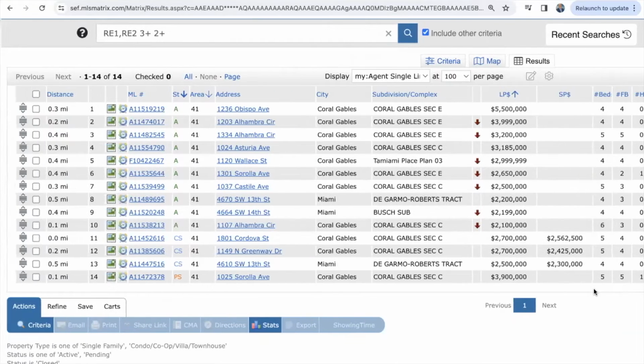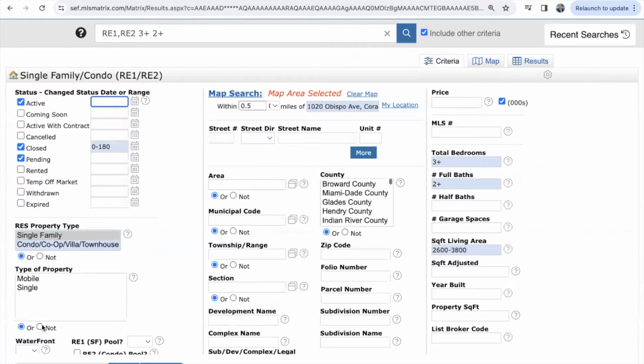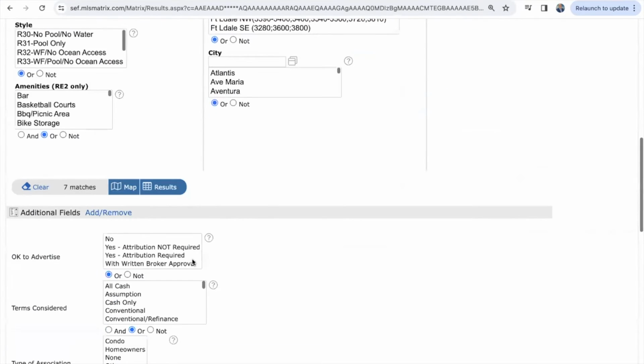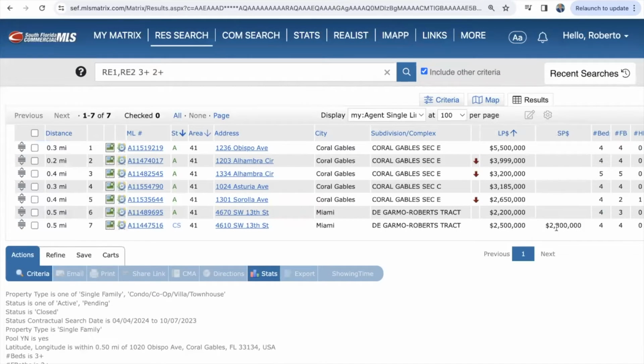So if you want to compare with properties that have swimming pools, then you're going to go back to criteria and select here RE1 pool. Yes. 14 matches become 7 matches. Go back to results, and we have 1 sale in the last 6 months, and we have all of these listings right here.